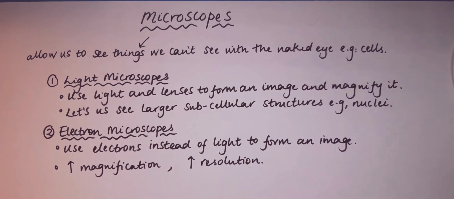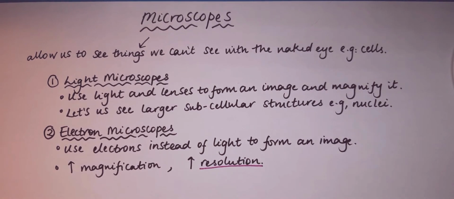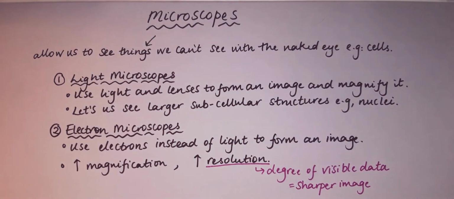If you don't understand what resolution means, the definition is the degree of visible detail. So an electron microscope just gives a sharper image, and sometimes it's much better to use electron microscopes.